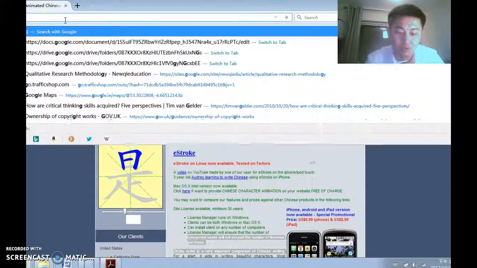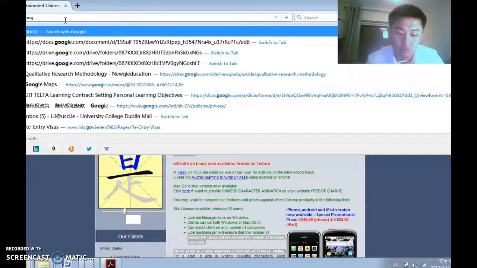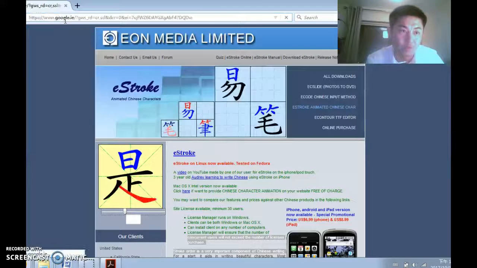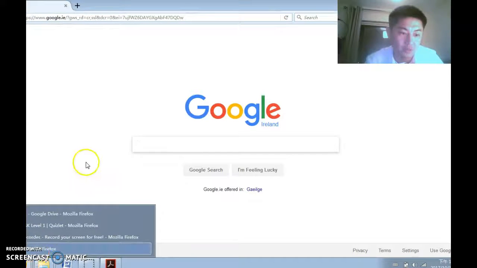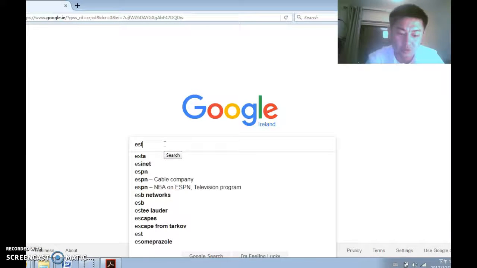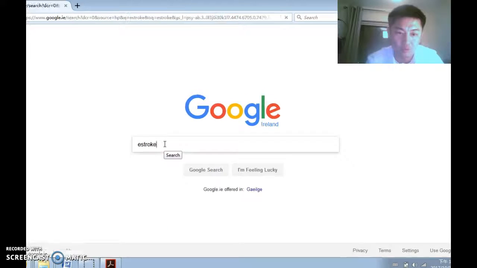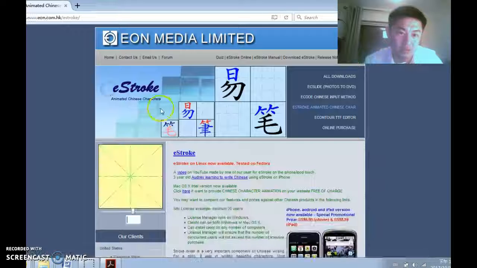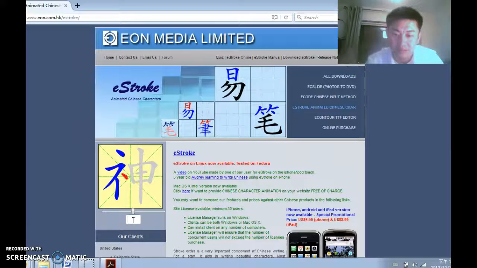All you have to do is Google e-stroke. Google, and where's stroke? E-stroke. Okay, and then the first one usually is the thing, right? So you type 你 in here, but how do you type it?